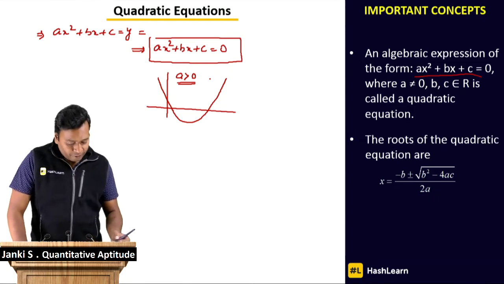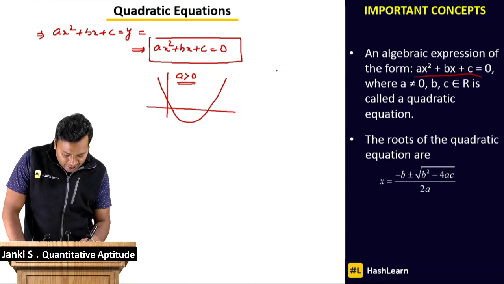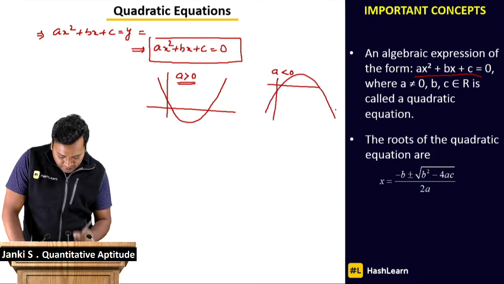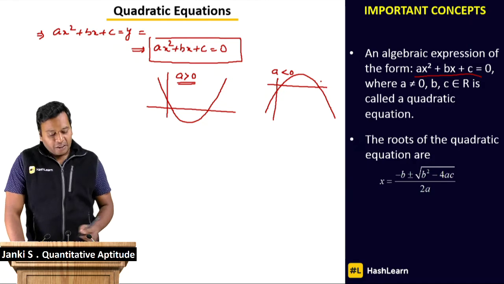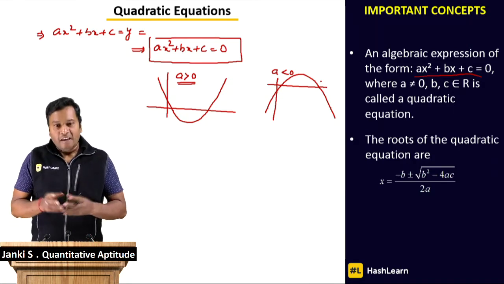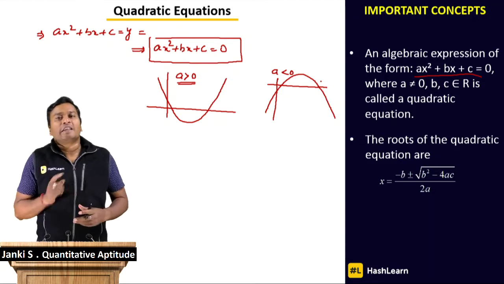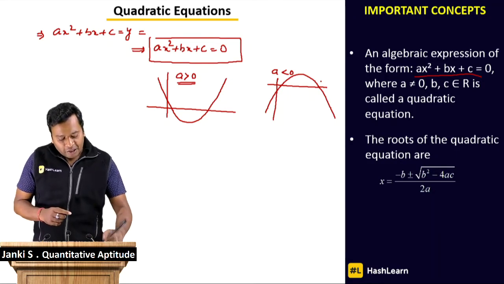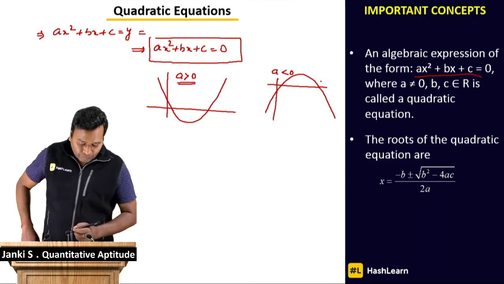But if my value a is lesser than 0, तो मेरा जो curve होगा वो इस टाइप से बनेगा. तो that depends, कभी ये नंबर लाइन क्रॉस करेगा, कभी ये क्रॉस नहीं करेगा, कभी सिर्फ नंबर लाइन टच करेगा, बट मेरा कर्व जो होगा वो ऐसा ही होगा. सो ये एक सिमेट्रिकल फॉर्मेट में बनता है.